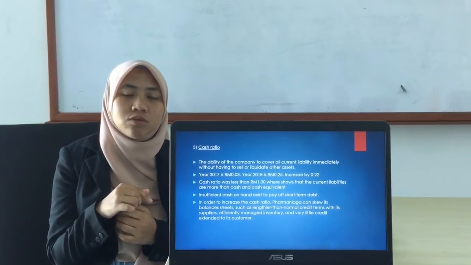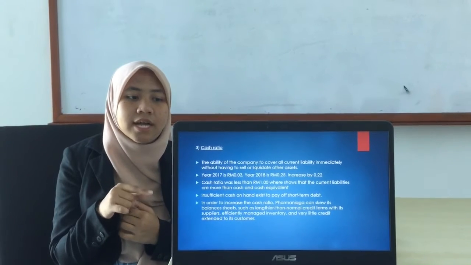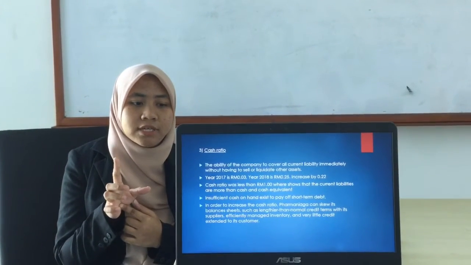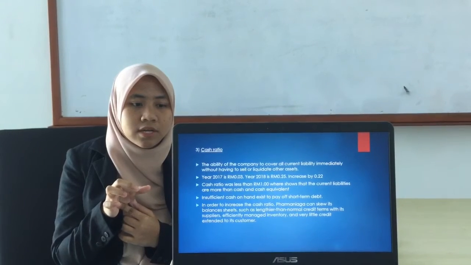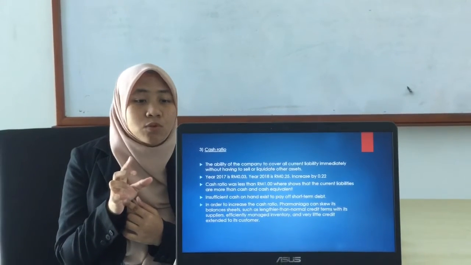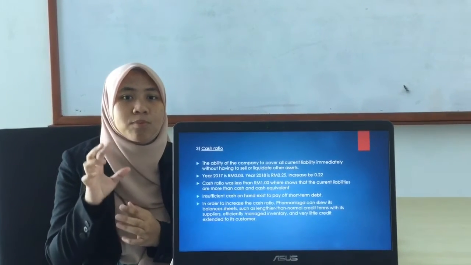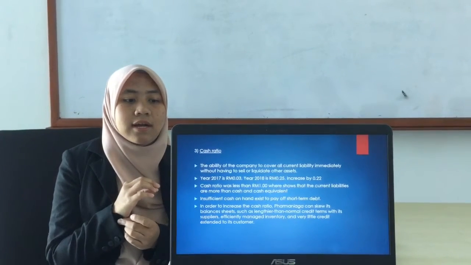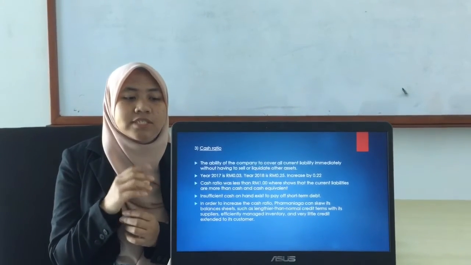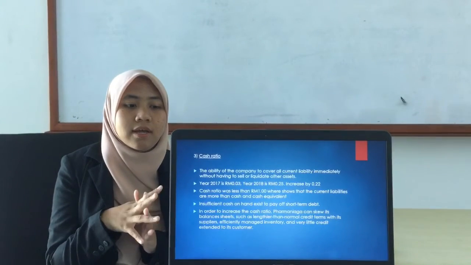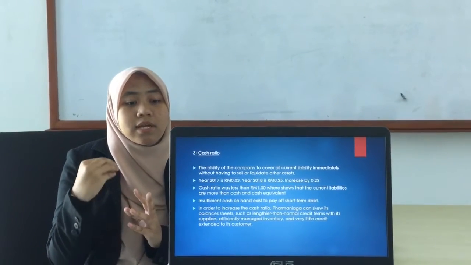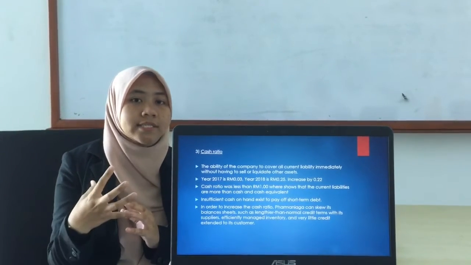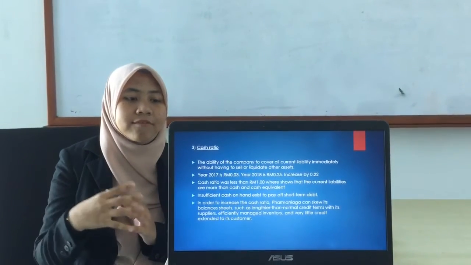For Pharmaniaga in 2017, the cash ratio is RM 0.03, but for 2018 it is 0.25, an increase of 0.22. The result shows that the cash ratio was less than RM1, which means the current liabilities are more than the cash and cash equivalents that the company has.